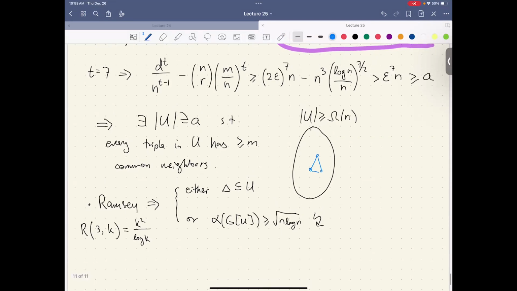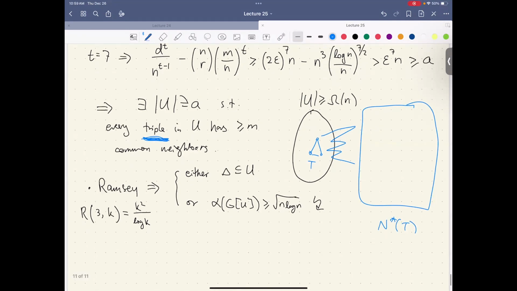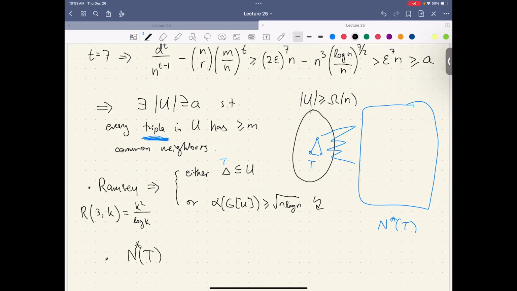But for this triangle, let's apply this property. It has a large common neighborhood. Let's call this T. Now inside N of T, the common neighborhood, this is at least M, right? M is square root n log n. Again, larger than alpha of G. What does that mean?